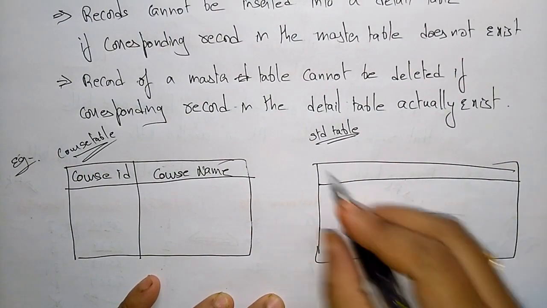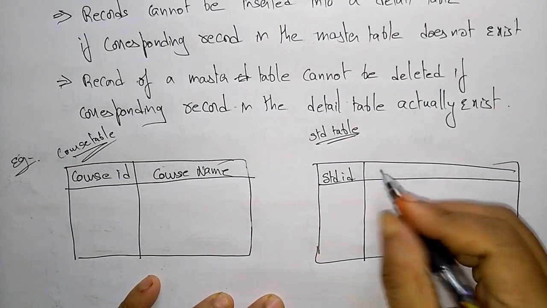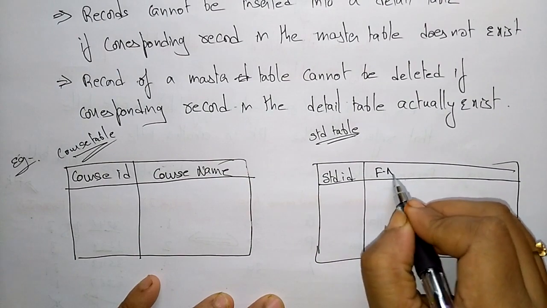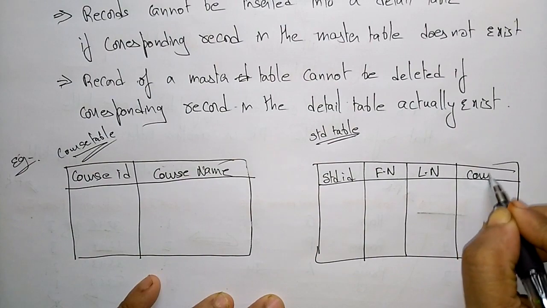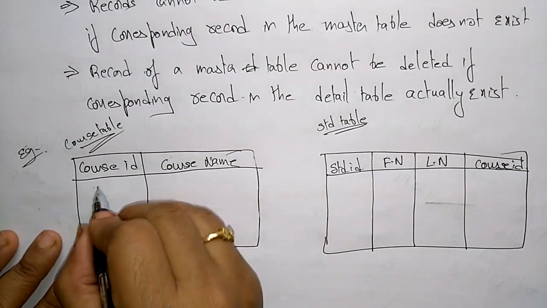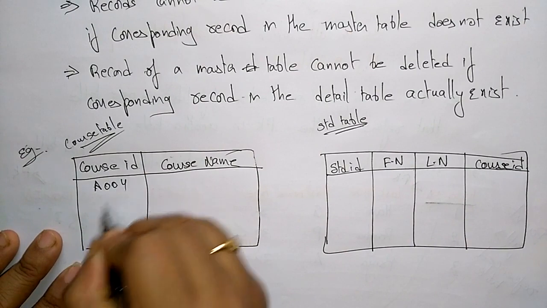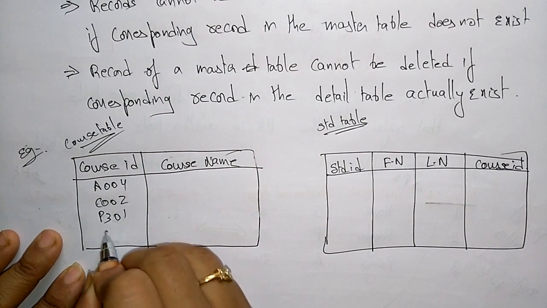The fields in the student table are student ID, first name, last name and the course ID. Okay. So let me take some values. The course IDs are AA04, CC02, P301 and S042.